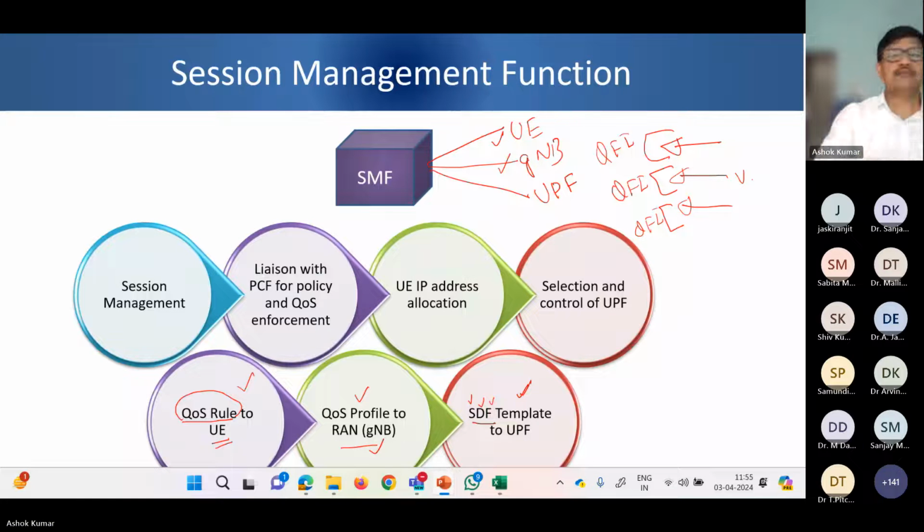Yes, sir. You said the resources should be allocated and deallocated. Who will do that, sir? So for resource allocation, there are many components. The first component is the air interface, that is between UE and gNodeB.